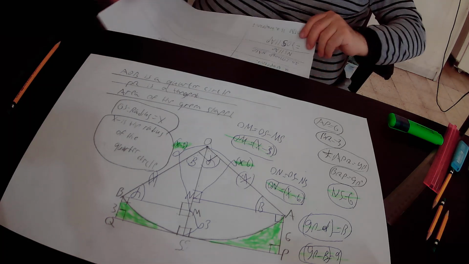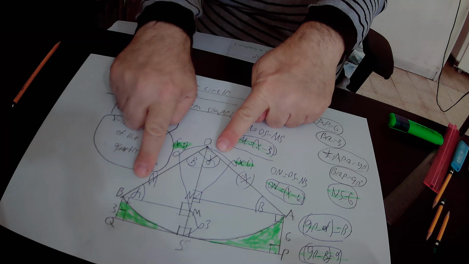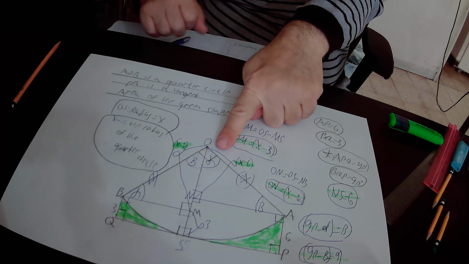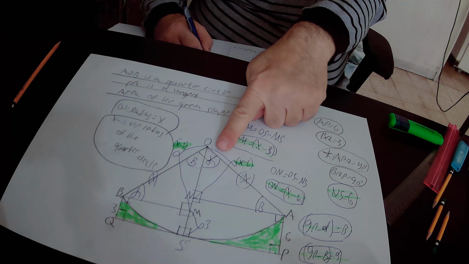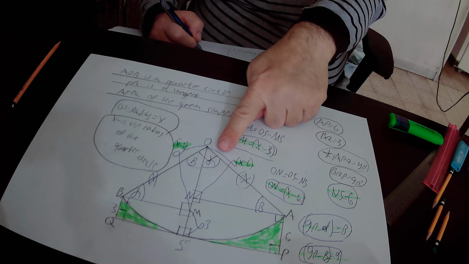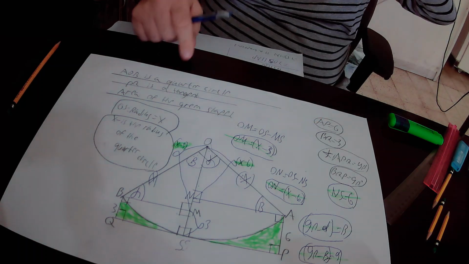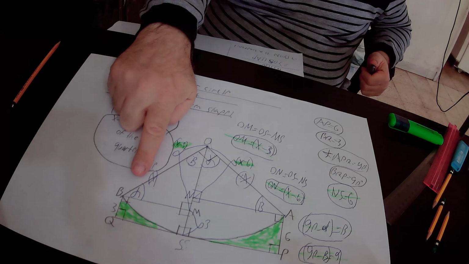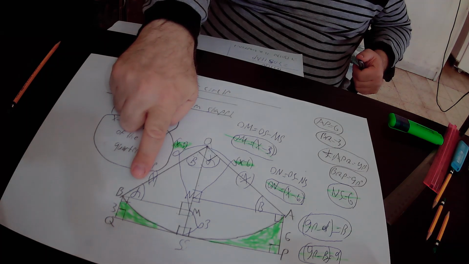In addition, those two angles are both equal to alpha, therefore they are equal to each other. So this is angle AON in the right triangle ONA, and it is equal to this angle, angle OBM in the right triangle OMB.